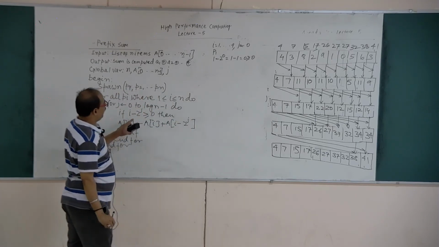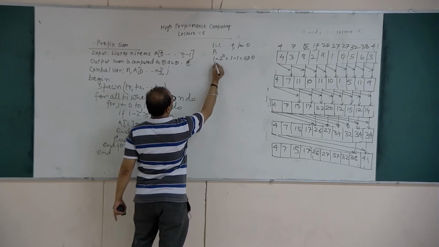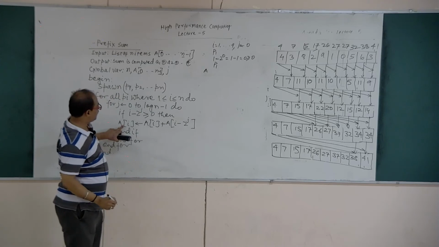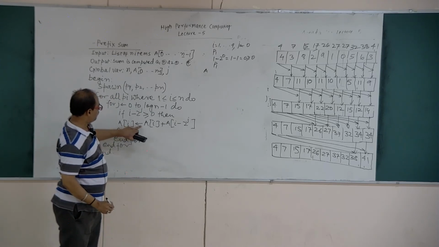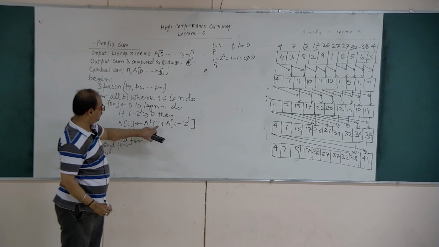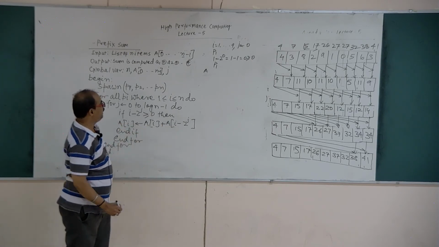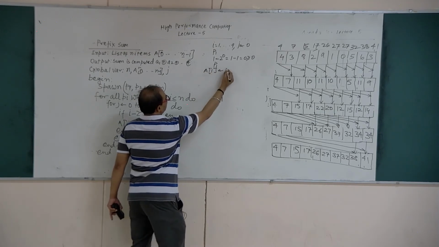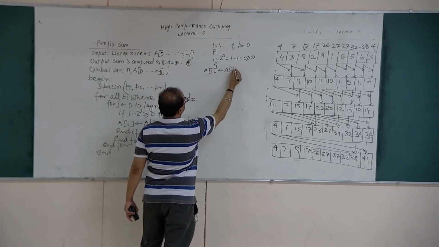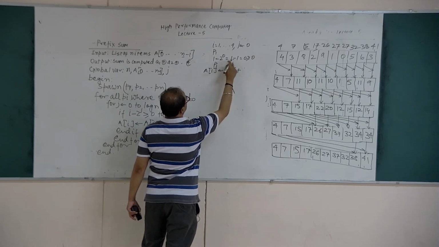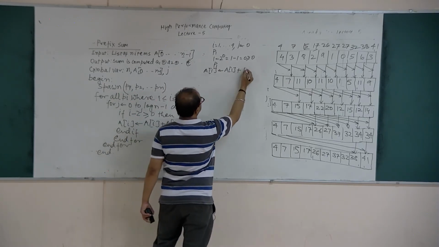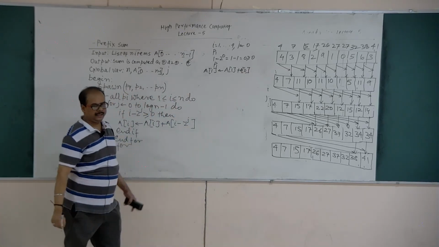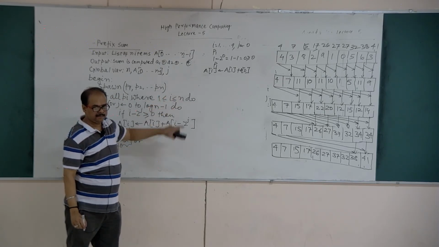So processor P1 will add the element at location A(i) with A(i minus 2^j). Since i is 1 and 2^j is 1, it will add A1 plus A0.